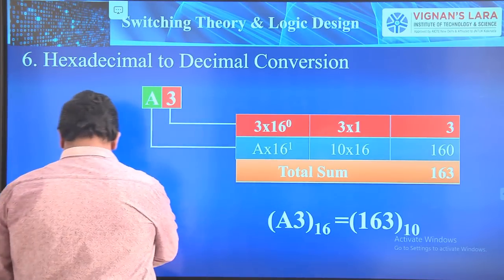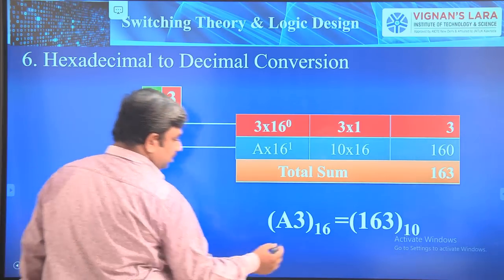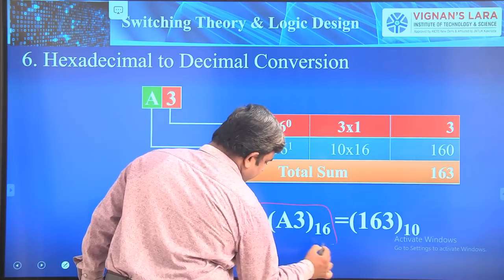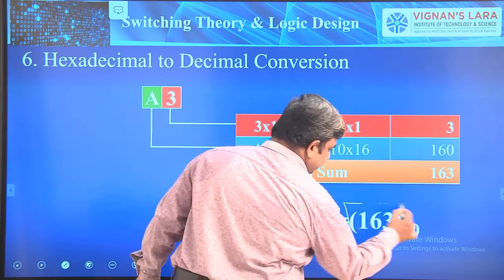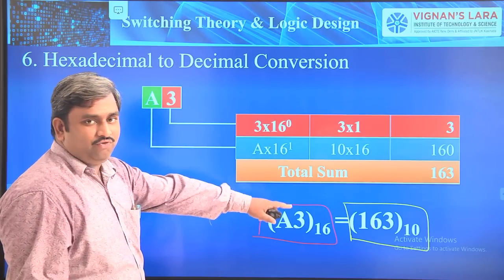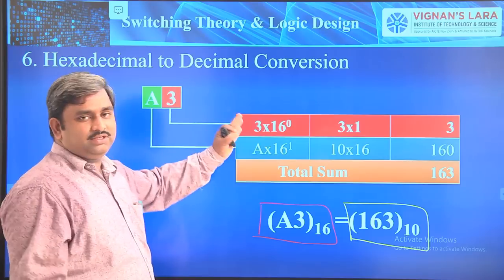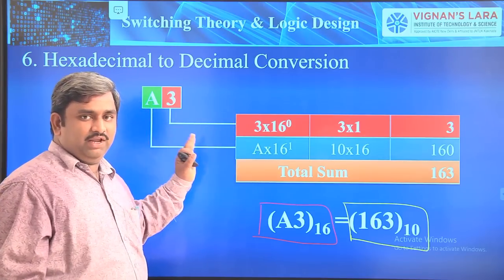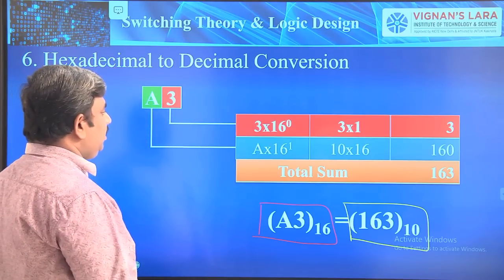This is our hexadecimal number, and this is our decimal number. Okay, A3 equivalent value in decimal is 163. So it is a very simple procedure. So, hexadecimal to decimal conversion.